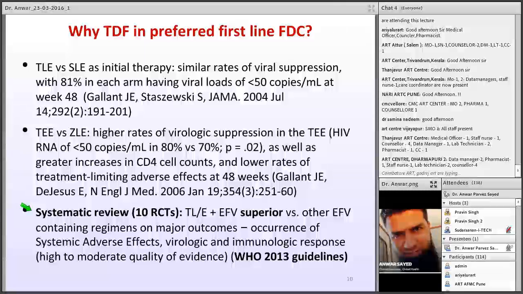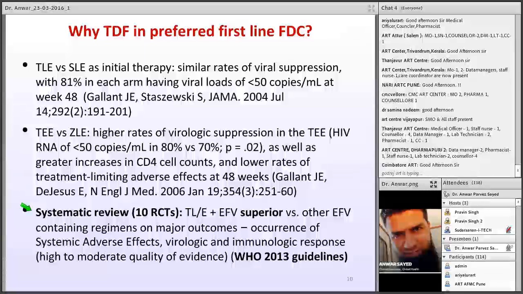What are those major outcomes? They are occurrence of systemic adverse effects, and virologic and immunologic response, with high to moderate quality of evidence. So this is sufficient to justify its use in the preferred first line ART across the globe.